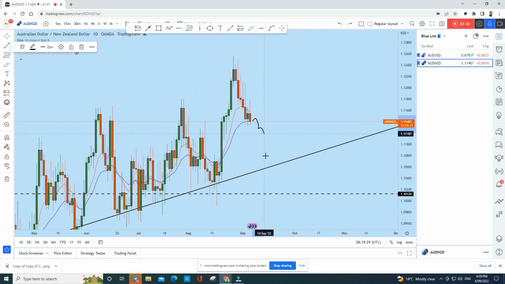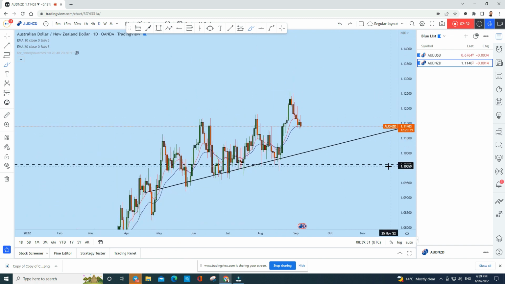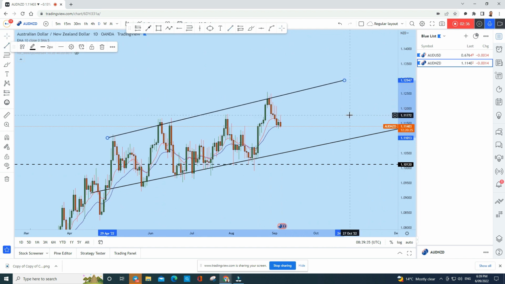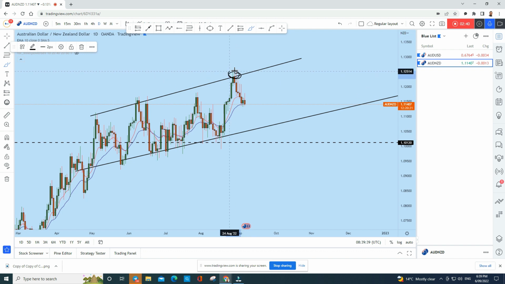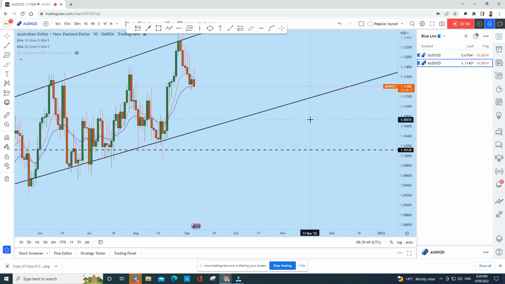So with that in mind, we can expect AUDNZD to come back to this level of support, as the price was moving along this channel. You can see on the daily, when you see a rejection from the top of the channel, we can expect the price to come back to this level of support. So that can give us a really good move to the downside on the daily perspective as well. So monthly, weekly, and daily are aligning in the same direction.